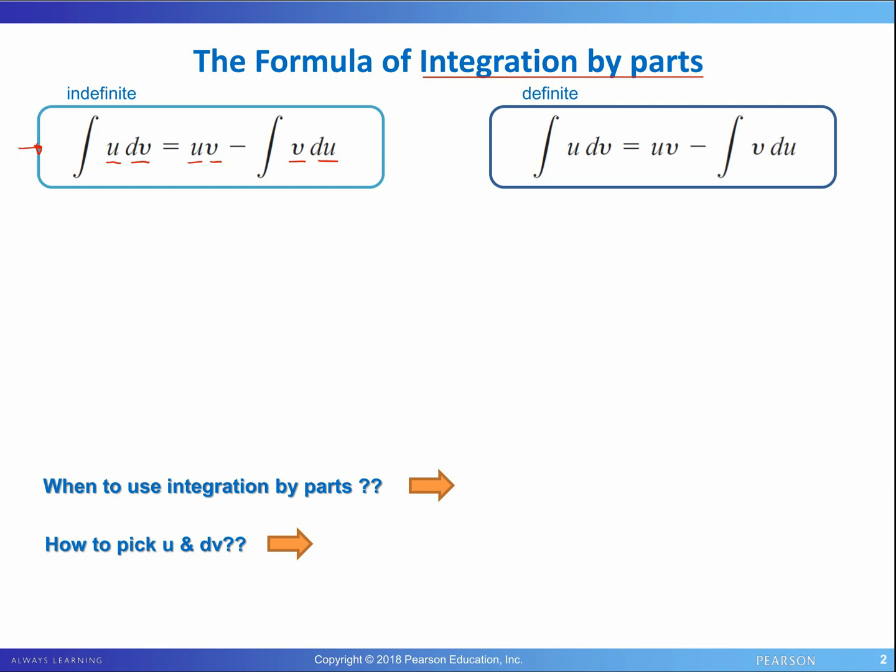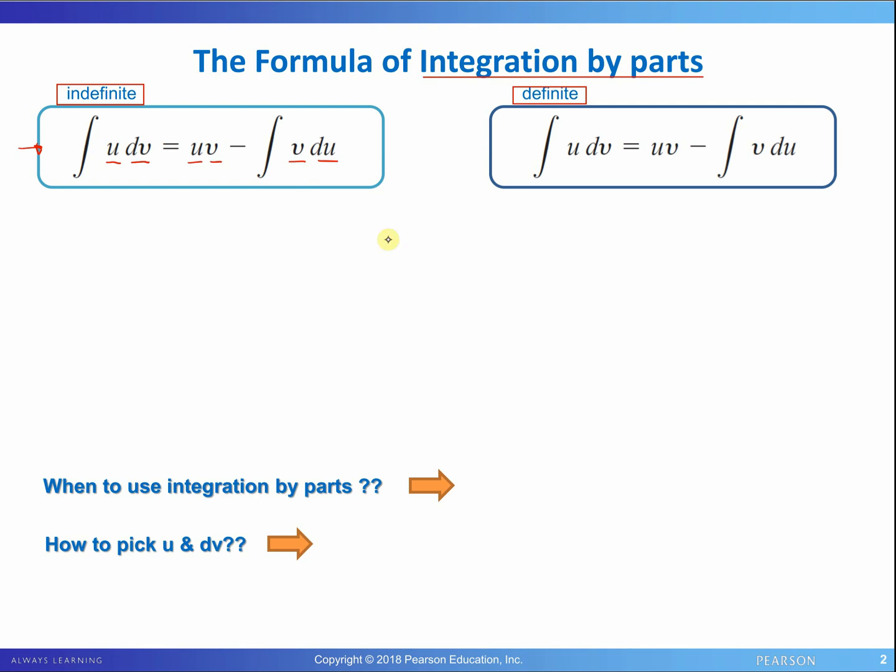However, you need to keep in mind that we have two types of integrals. The first one is indefinite, where we have no boundaries, no starting or end points. The other one is definite, where we have starting and end points, a and b. For an indefinite integral, we find the antiderivative of some function. So in the end, we always expect to see a constant c show up.